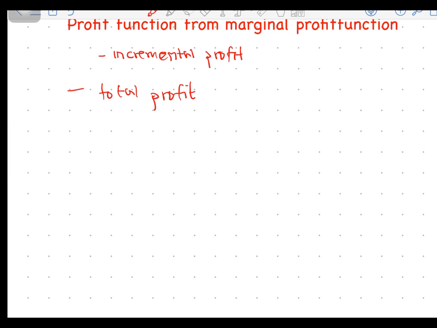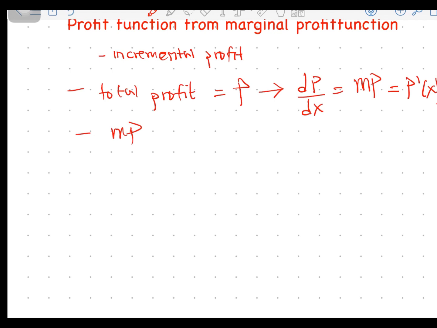If my total profit is equal to P and my marginal profit is equal to MP, then the derivative of the total profit gives me my marginal profit, which is also equal to P prime of X, depending on the variable being used.